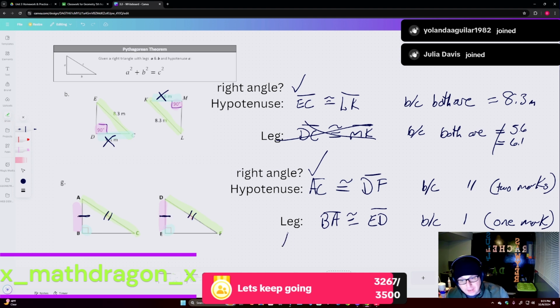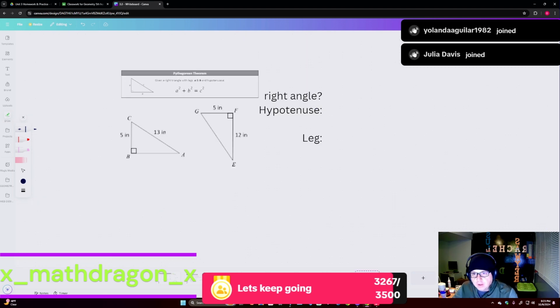So then we can actually prove that triangle BAC is congruent to triangle, and we went pink to green to nothing. So B to A to C, so E to D to F, by the hypotenuse leg theorem. Excellent. Hopefully that was okay for you. Let's move on to this one.